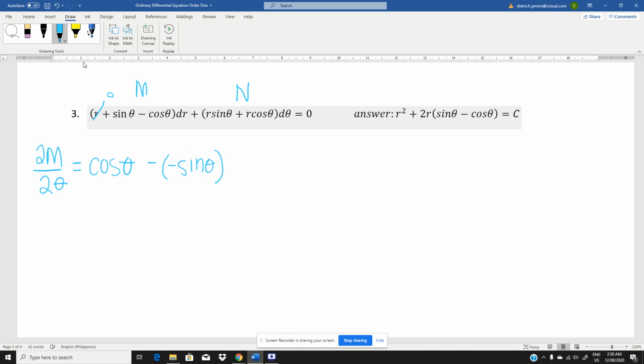Simplifying further, the partial derivative of M with respect to theta is equal to cosine theta plus sine theta.